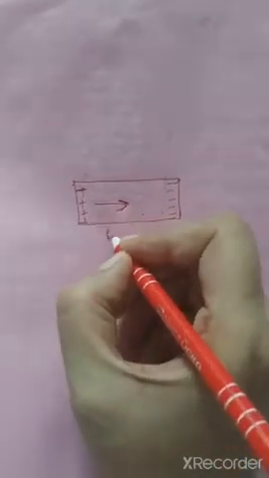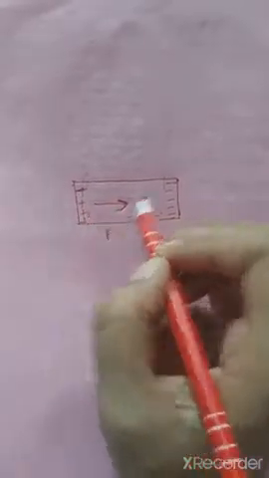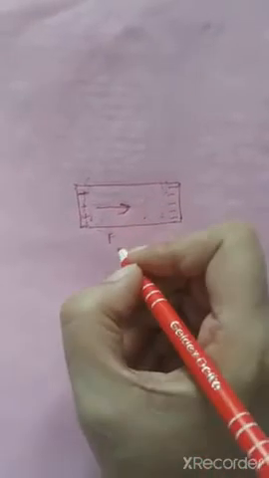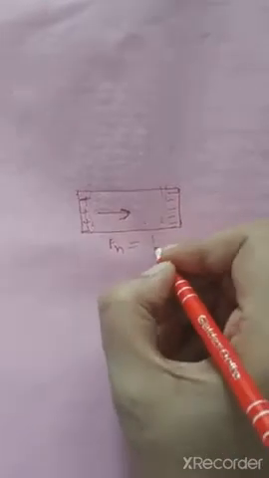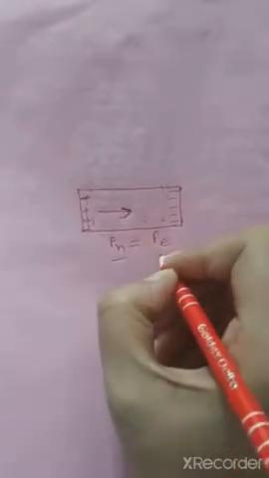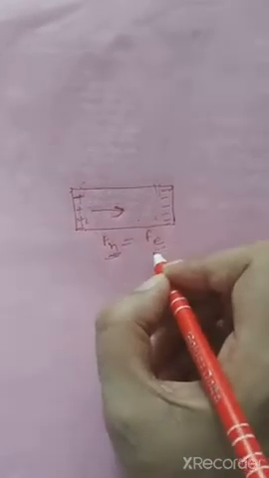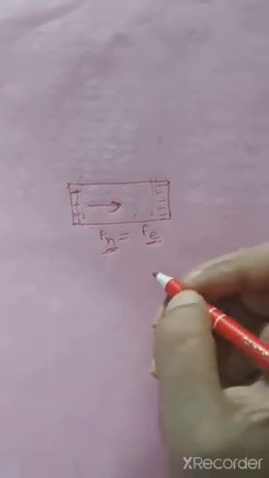Now this phenomenon of accumulation of positive charge on one side and negative charge on the other side will happen until the non-electric force becomes equal to the electric force. By the way, the direction of the non-electric force and the direction of the electric force are completely opposite to each other. Clear?